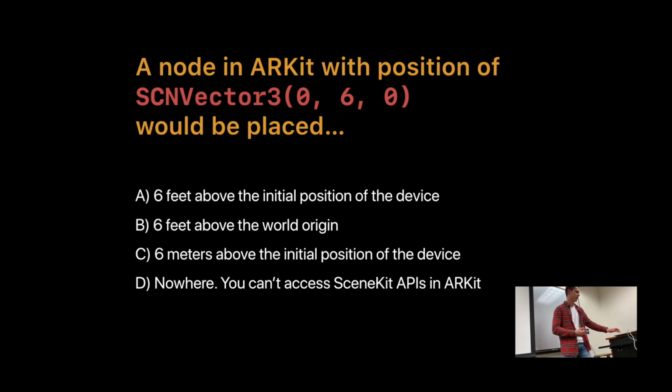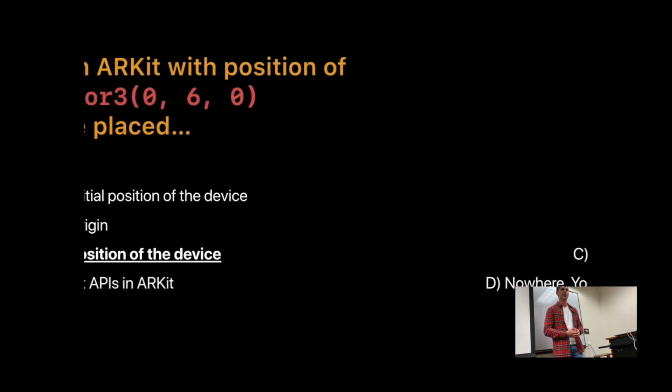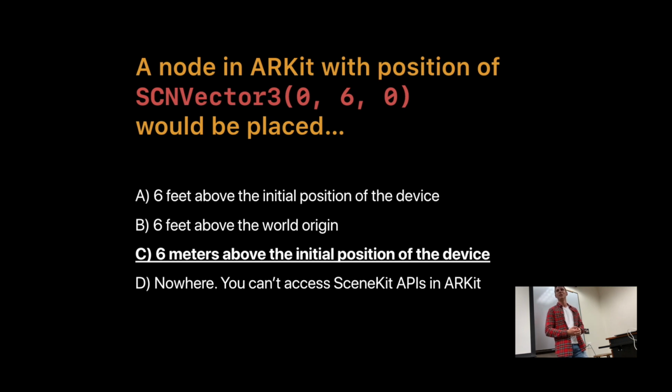Yeah, that's the right answer. So it's important to keep in mind that the positions are always going to be metric, and you cannot use different units at all. And it's important to know that you can use SceneKit or SpriteKit APIs as you wish in ARKit.